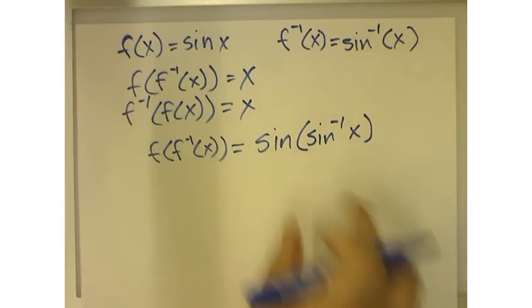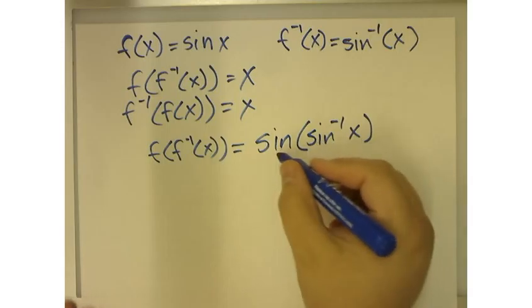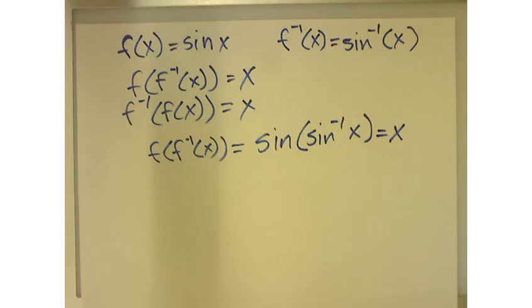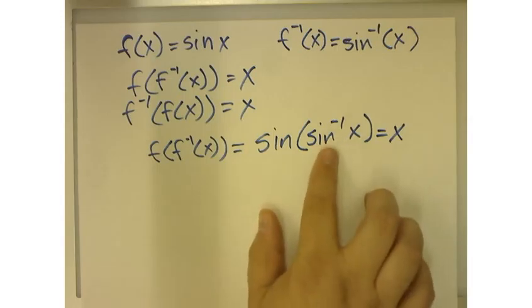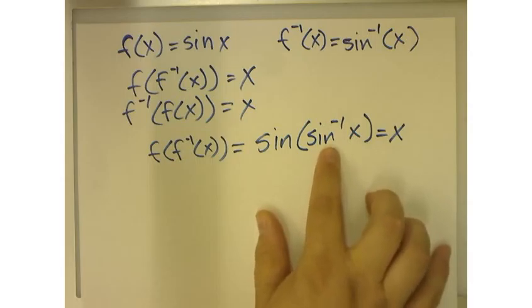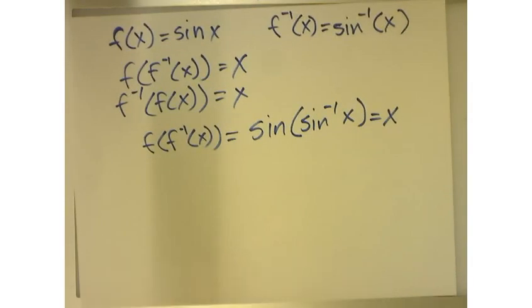And since these two are actually inverses, the inverse undoes what the sine function does, and we are left with x. Okay? And that's how that works. And we use this a lot to solve. In fact, we teach you this probably as early as geometry to solve for angles. But now we're going to use this a little bit more algebraically in your calculus class.